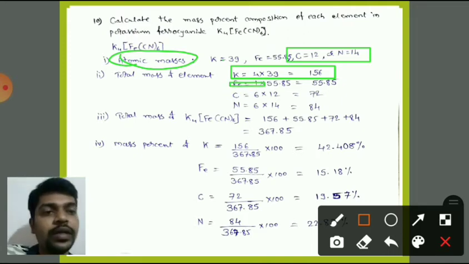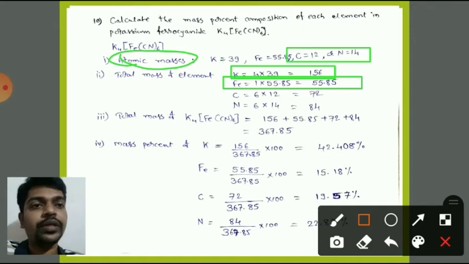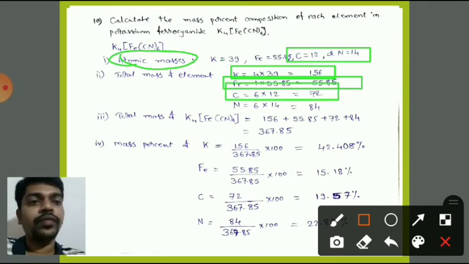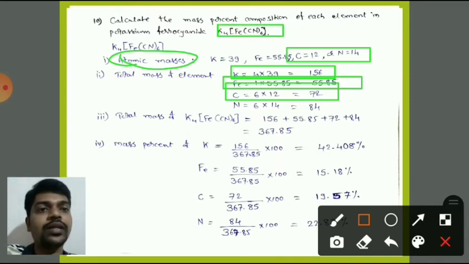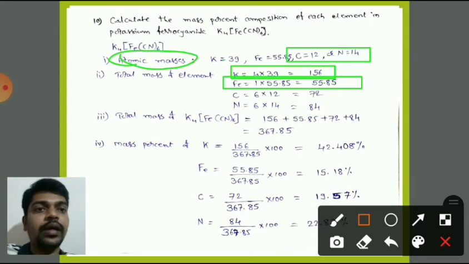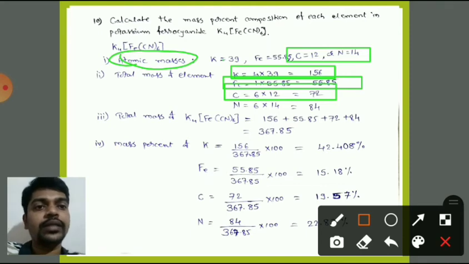Next is iron. Here we have only one iron atom, so there is no need to multiply by any other number, and we get 55.85. Then carbon: in the given compound there are 6 carbon atoms, so we multiply 6 by 12, the mass of carbon, and we get 72.